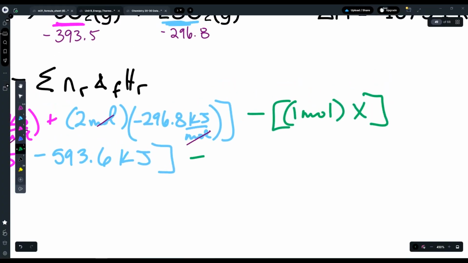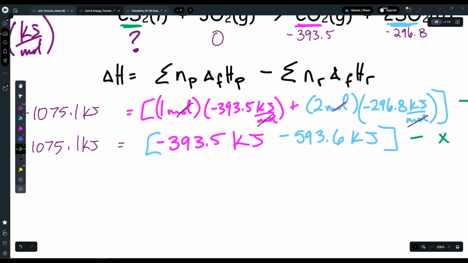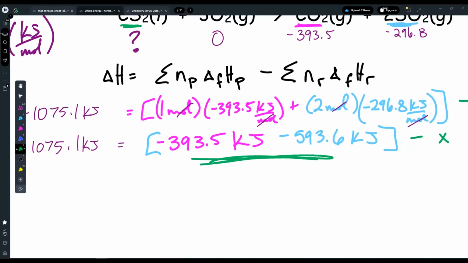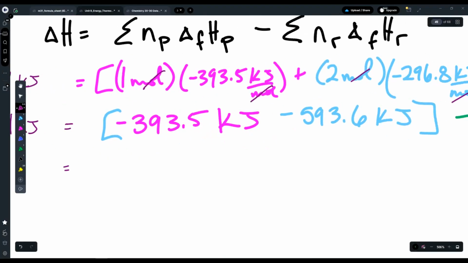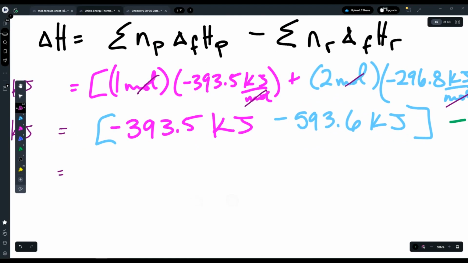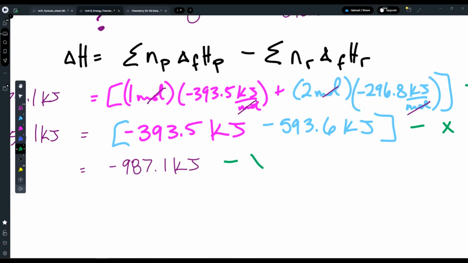Okay, and then we've got minus 1x, which is the same thing as just saying x. Alright, so I'm going to first figure out what's inside these brackets before I move on here. So negative 393.5 subtract 593.6, that's going to give us negative 987.1 kilojoules minus x.